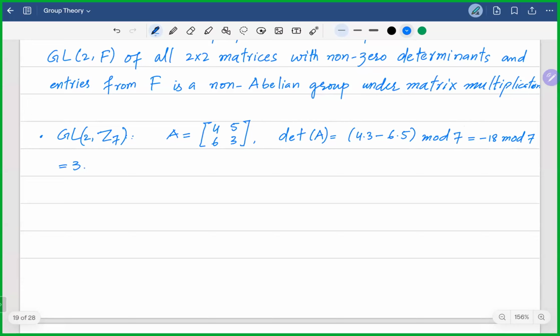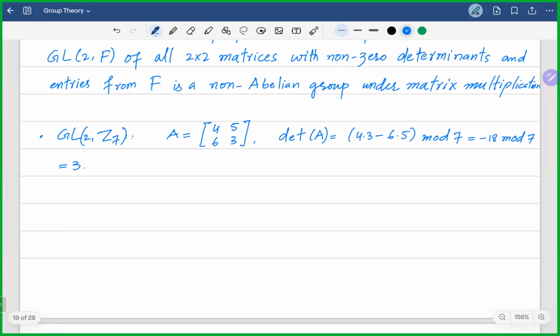And the inverse of 3 is 5. So in mod 7, the inverse of 3 is 5.